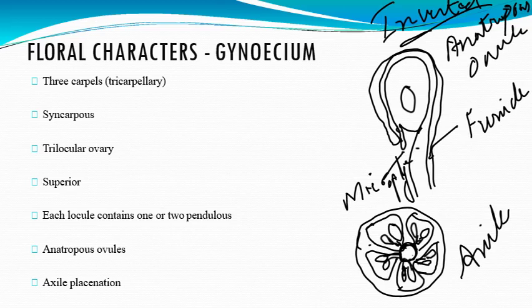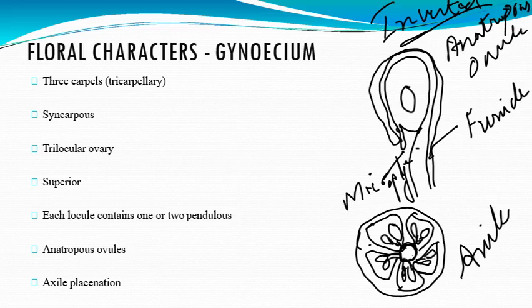It means the ovule is inverted, in which the micropyle lies in straight line with the funicle, so that the ovule turned back at 180 degrees on its stalk, as you see in the diagram in this slide.